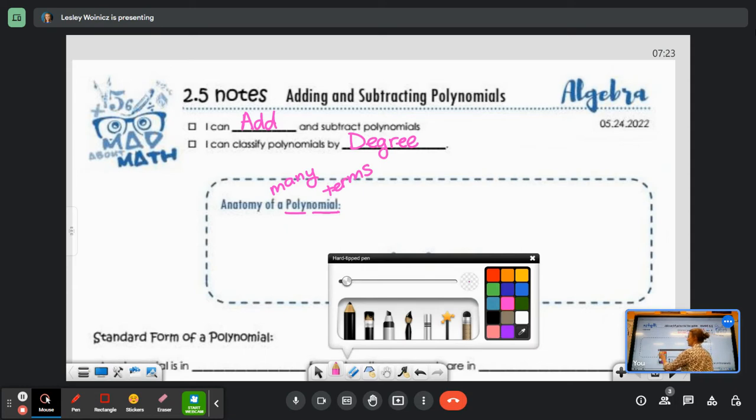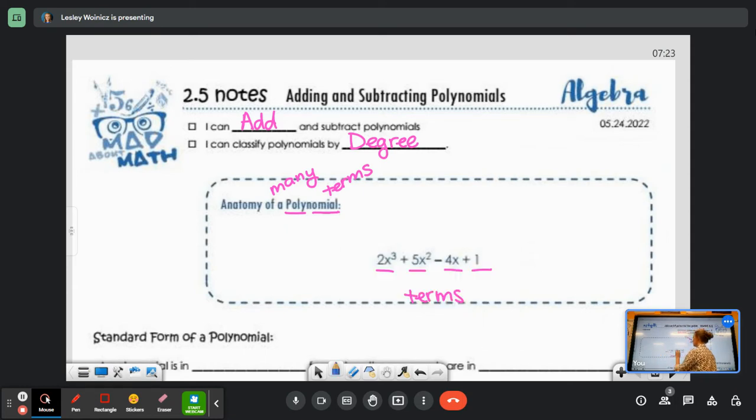Okay, let's talk about what's in terms. These numbers in front of the variables, you might recognize them. They are coefficients. Coefficients has the part co in that, which means with.